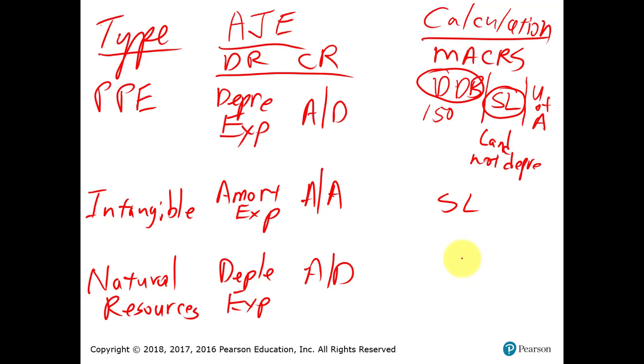And the calculation would be the units of activity. When you extract a barrel of oil, or mine an ounce of gold, or so many yards of timber, you're going to debit an expense. Or if you extract it and hold it, then maybe you're going to be debiting inventory for sale and crediting the allowance here. Okay, not common in Hawaii. These two definitely common for businesses in Hawaii. Okay, and we'll take a look at, in this chapter, really the MACRS calculations, the MACRS rules.